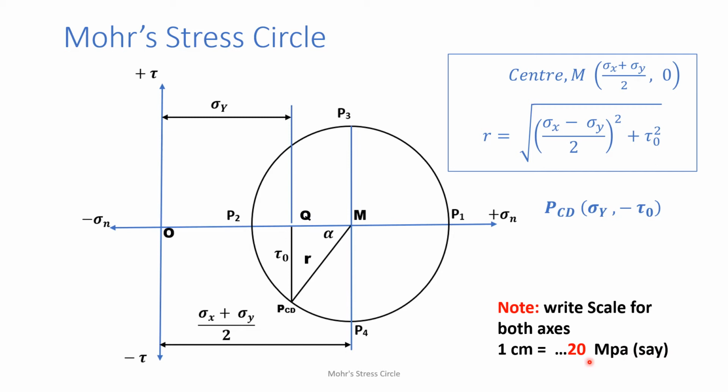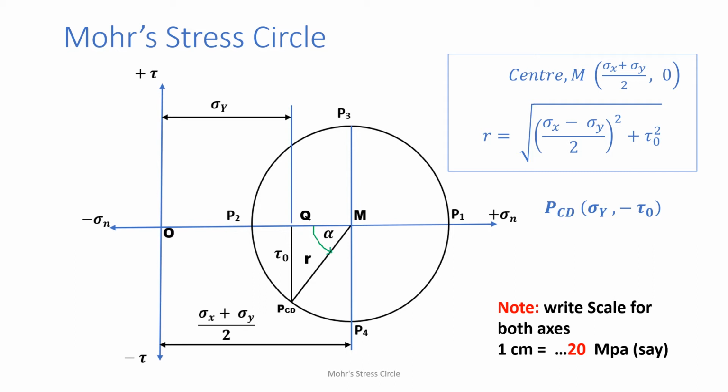You may take 10 or 15 or any suitable scale as per your given problem. Now by taking a suitable radius representing that stress value as calculated, you draw a circle. This circle is known as Mohr's stress circle. The rest of the terms will be explained later.